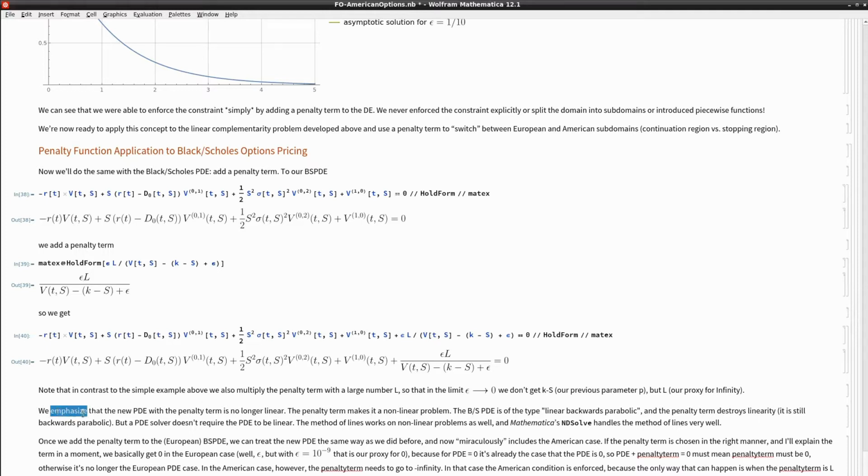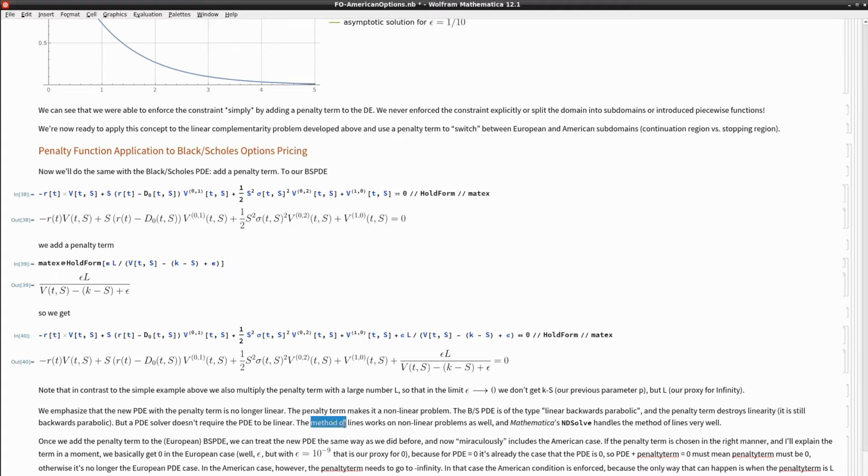I want to emphasize that the new PDE with the penalty term is no longer linear. Right? The Black-Scholes PDE here, this orange box, is a linear problem, but the penalty term makes it a nonlinear problem now. So the Black-Scholes PDE was of the type linear backwards parabolic, and the penalty term destroys the linearity. It is still backwards parabolic, but it's no longer linear. But a PDE solver doesn't require a PDE to be linear.